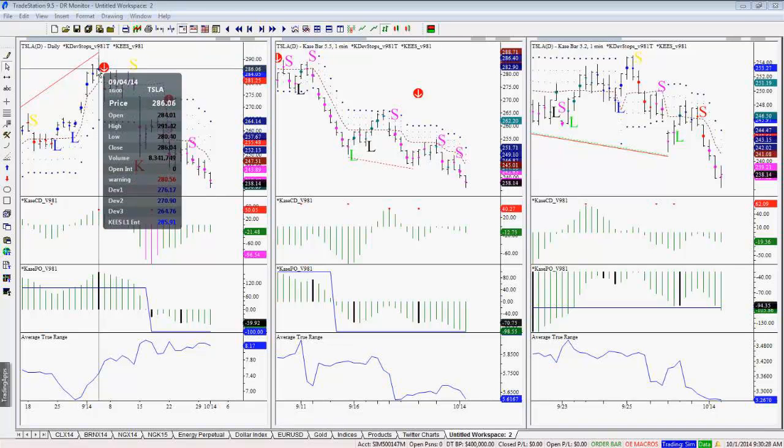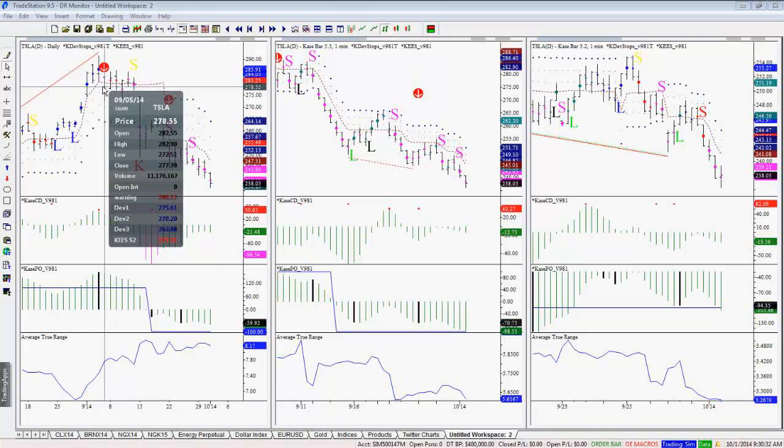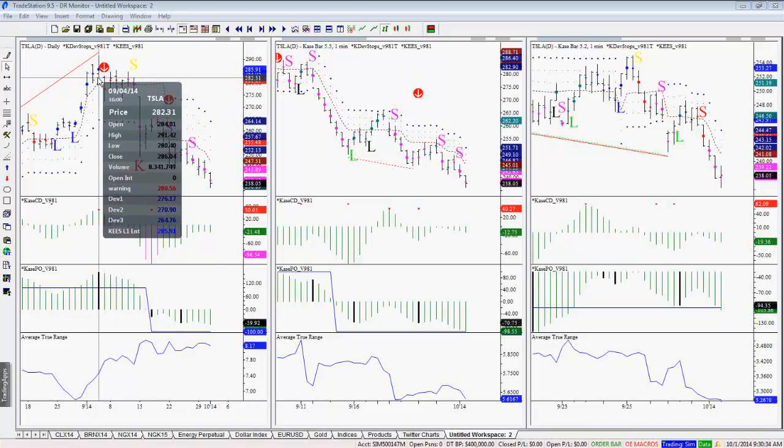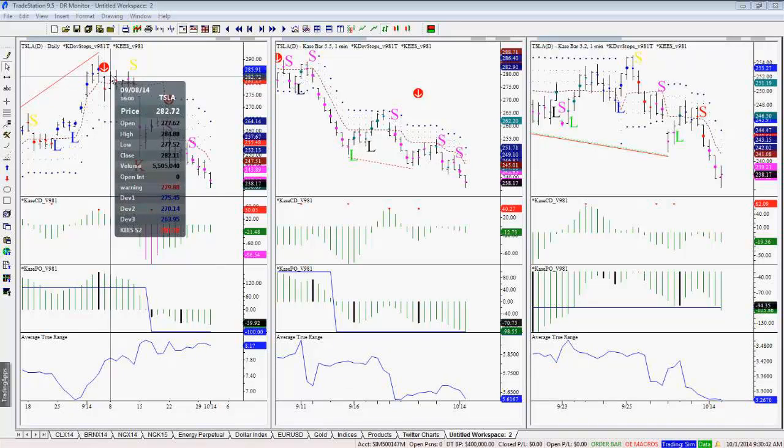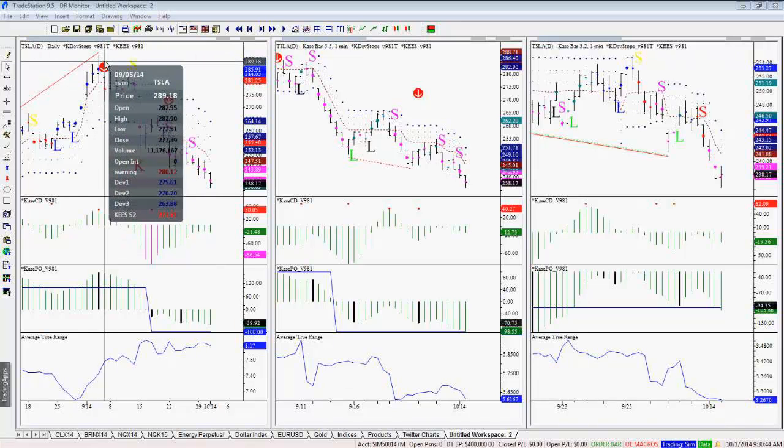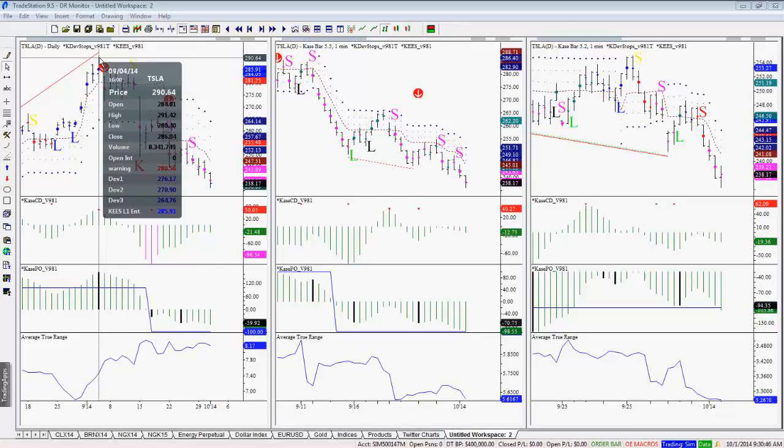That was the high on the day that the divergence formed. The day that the divergence was confirmed was the day after. So until 291.45 is overcome, at least in the short run, I'm looking to get short. Now, if the market turned right back higher, overcame 291.45, that negates this divergence, I can now look long again.